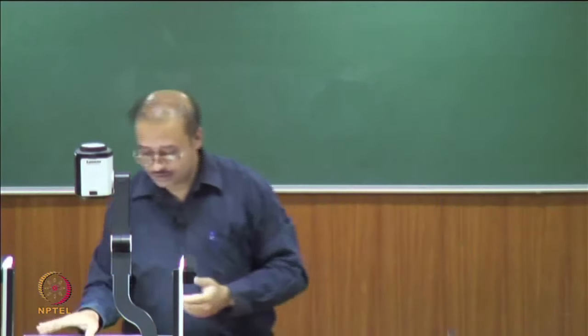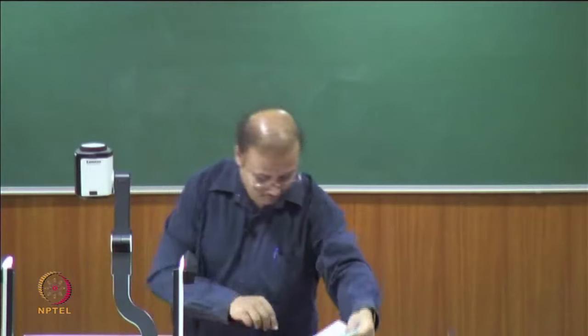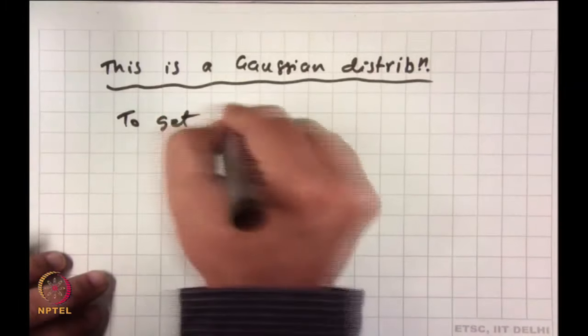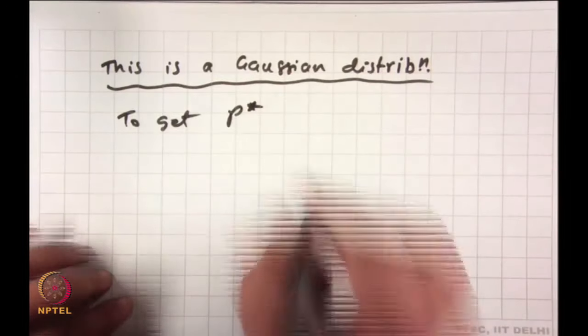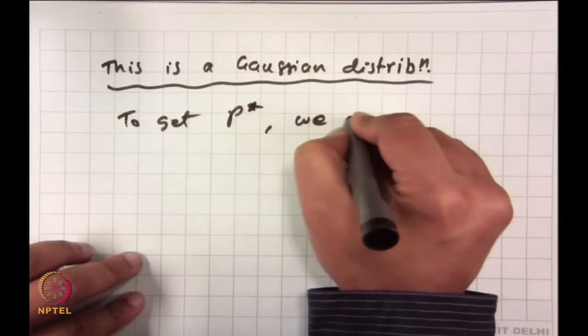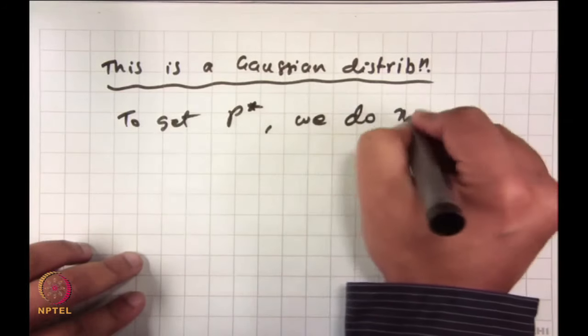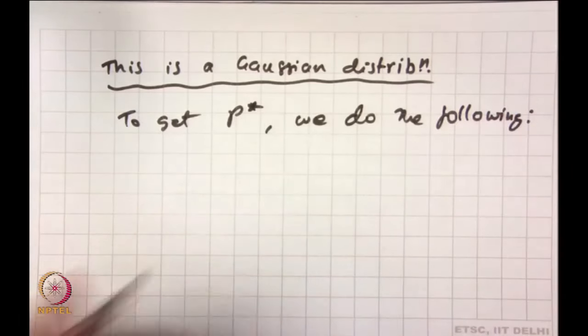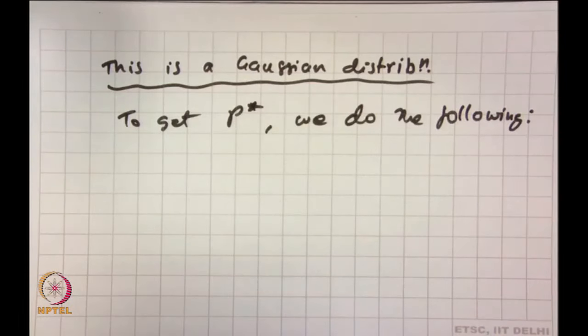Okay. That means, to get p star, we do the following, because we know that the total integrated probability has to be equal to 1 if it is a normalized probability distribution.